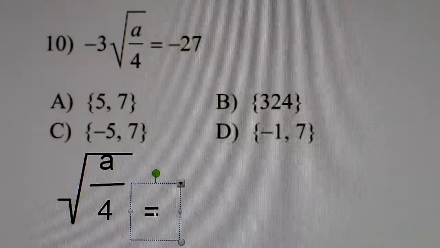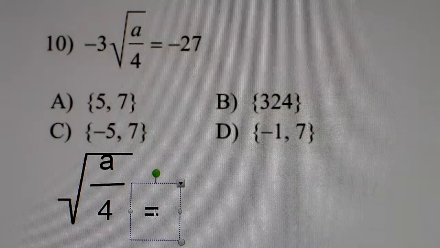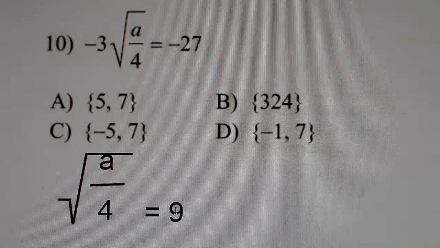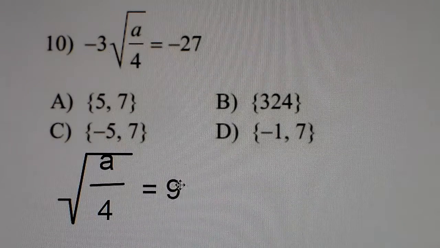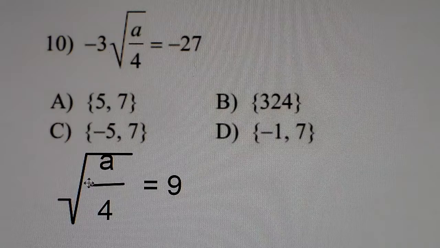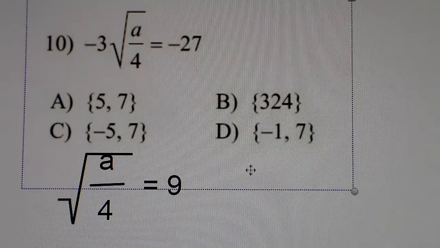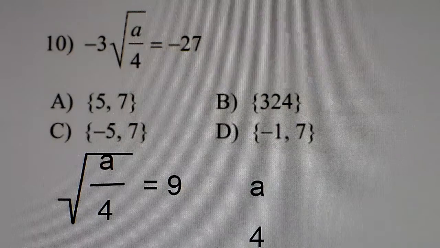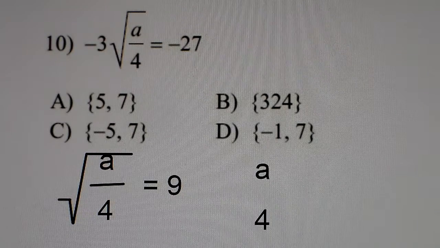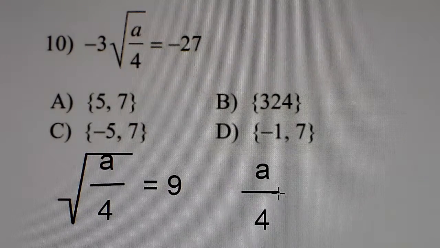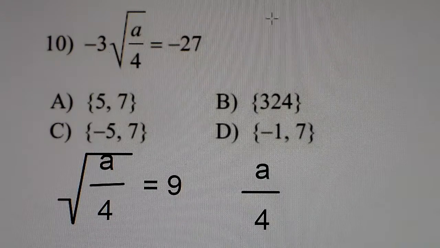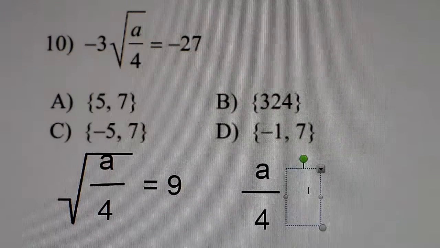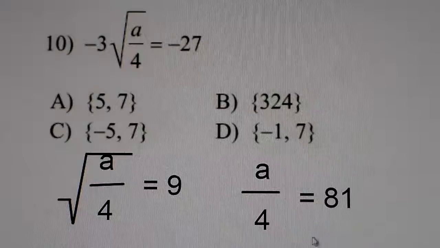Negative divided by negative is a positive, so that will be a positive 9. Now to get rid of this radical, we have to square both sides. When we do that, the insides stay the same, so you have a over 4. And 9 squared is 81, because 9 times 9 is 81.